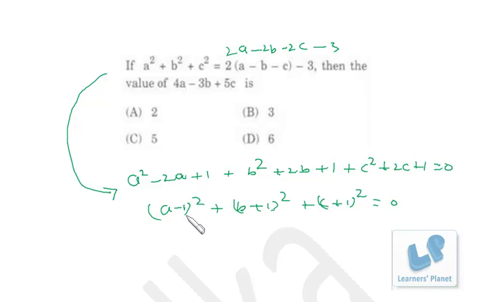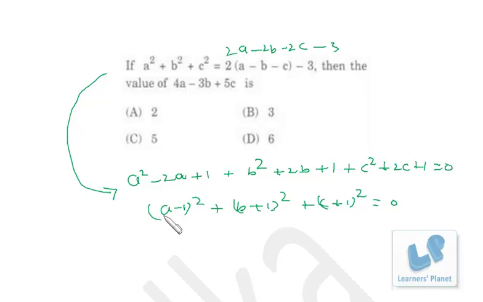So see, no real numbers can produce the sum of 3 squares as 0. I'm sorry, a minus 1 whole square plus b plus 1 whole square plus c plus 1 whole square, this expression can never be 0 because all of them are perfect squares, right?